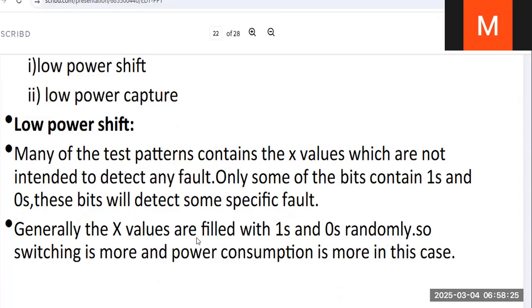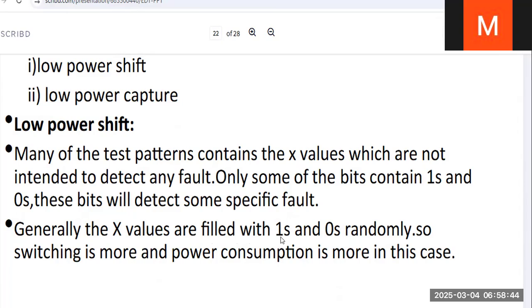Generally, the X values are filled with ones and zeros randomly, so switching is more and power consumption is more. The ATPG tool will replace X values with ones and zeros.